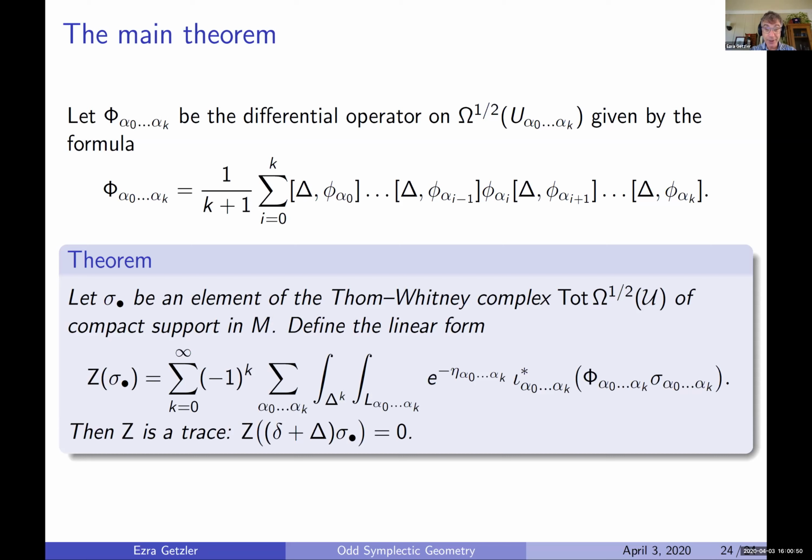But the basic idea is that using the partition of unity on each open set in the Czech nerve, I can define a differential operator acting on half forms.